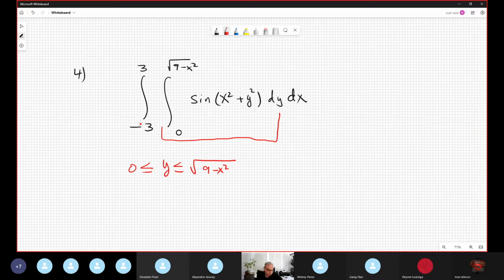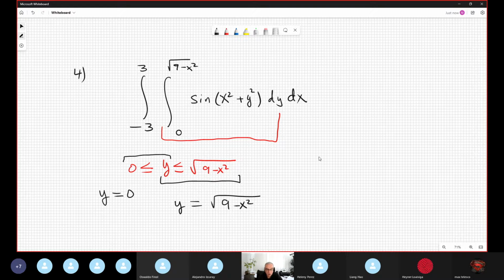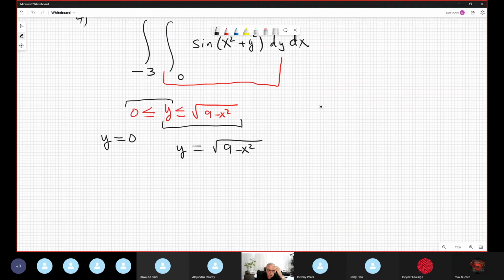Therefore, as always, I take this like an equation: y equals 0, and y equals the square root of 9 minus x squared. But I don't like it that way. I like to square both sides because I want to eliminate the square root to understand much better.